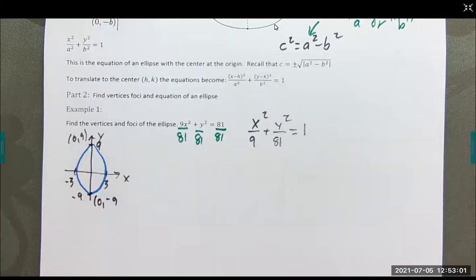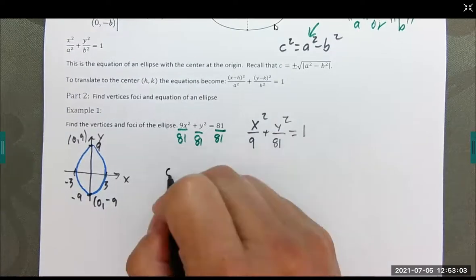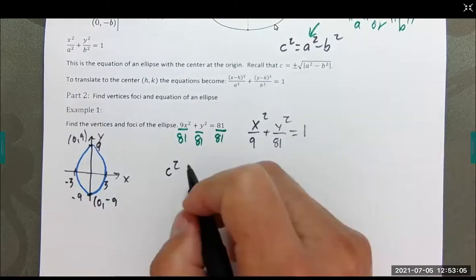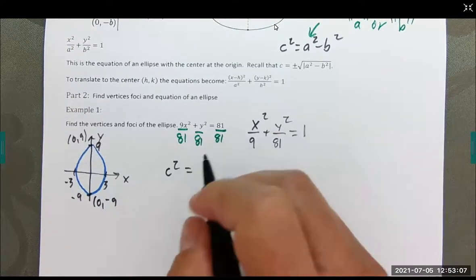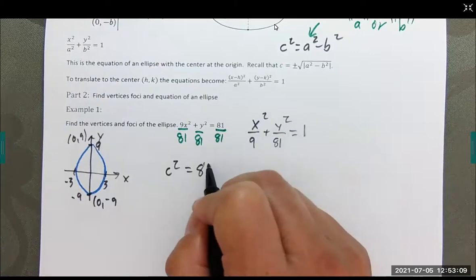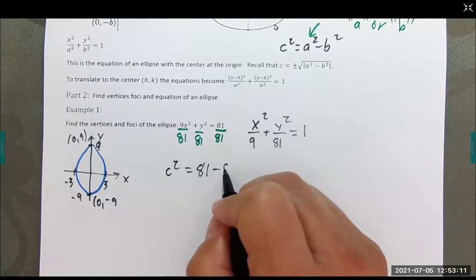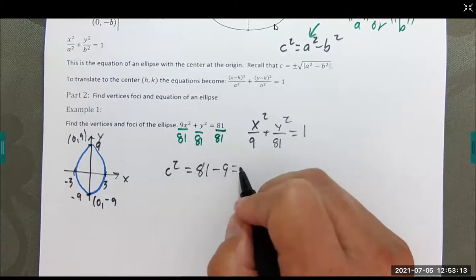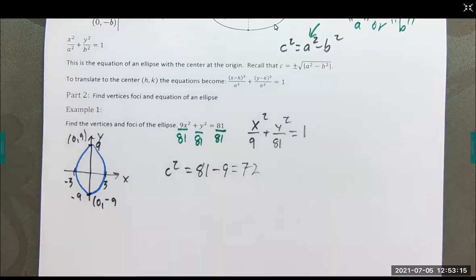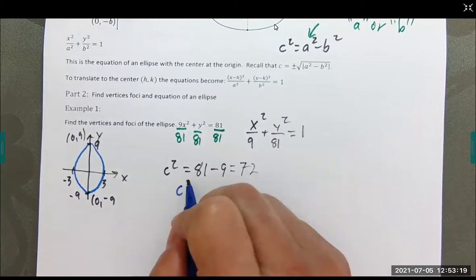Once again, we are going to get that c squared is going to be the larger of the two. In this case, that's the 81. So that's going to be 81 minus 9, which is 72. Which means we get that c squared equals 72.